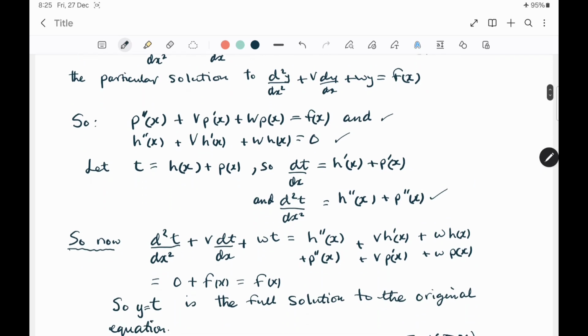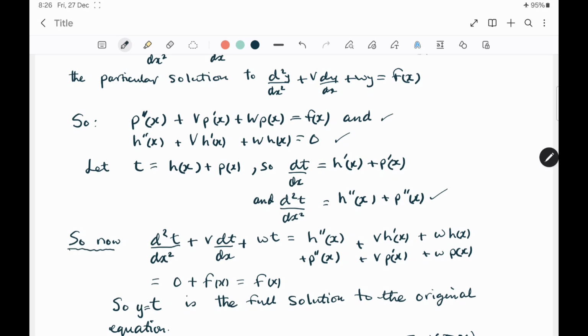So now, substituting t into the original equation, instead of y, on the left-hand side, we'd have d2t/dx² plus v dt/dx plus wt equals the second differential of h with respect to x, plus v times the first differential of h with respect to x, plus w times h(x) itself.